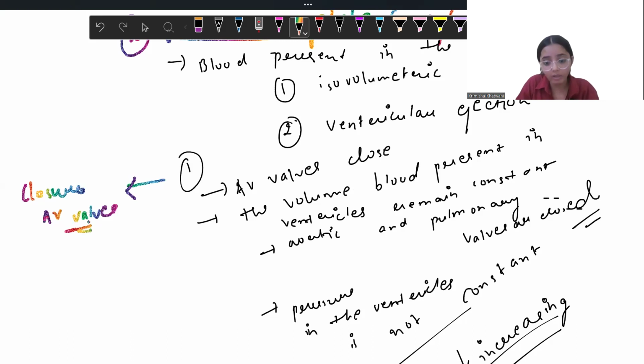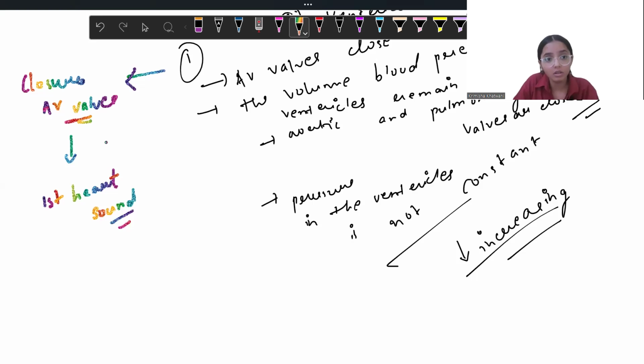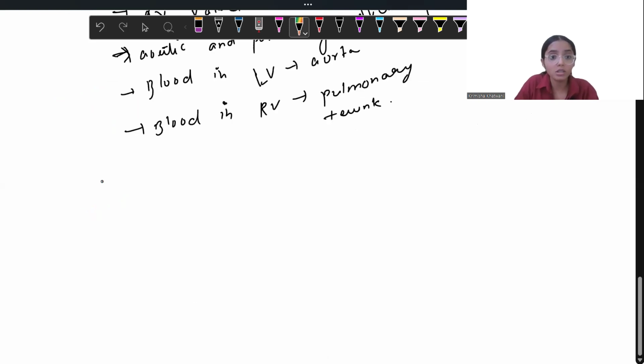And this closure of AV valves produces first heart sound, which is also known as lub. Understood? So this was very important thing. So this was about our second phase of cardiac cycle, ventricular systole or ventricular contraction or ventricular depolarization.